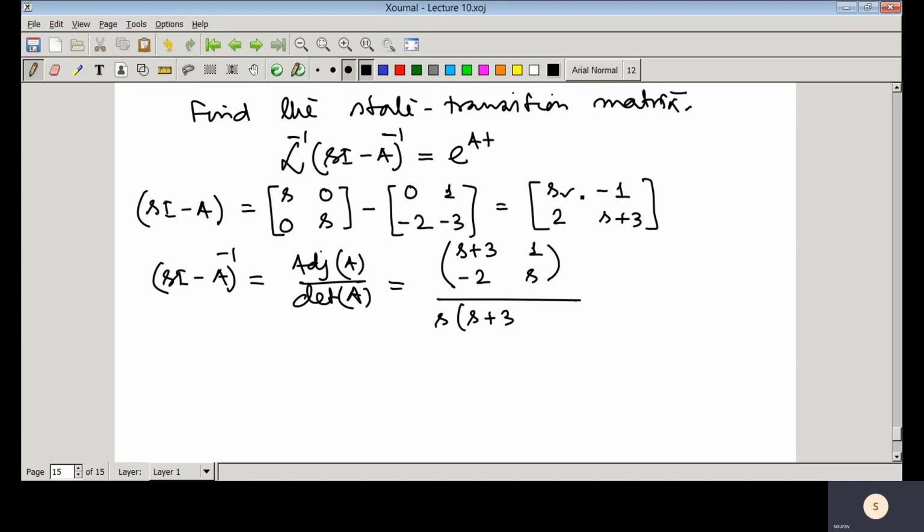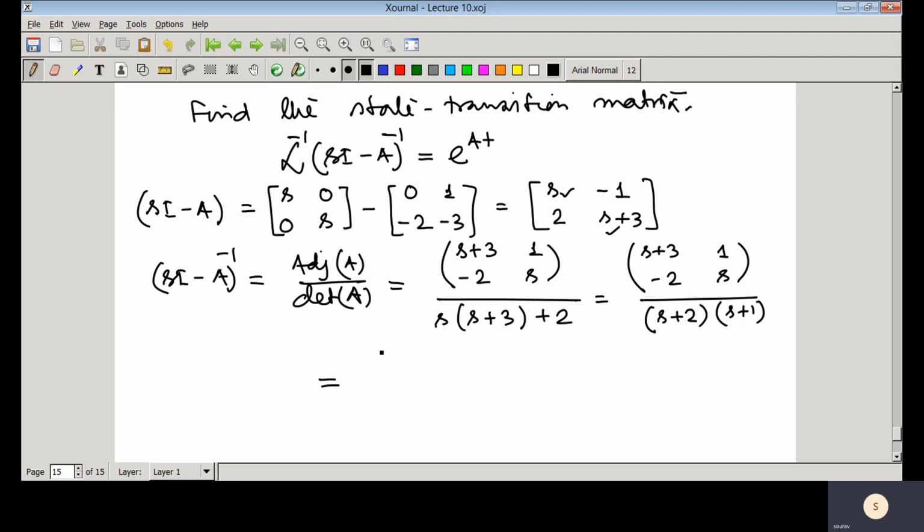And the determinant is s into s plus 3, plus 2. If you write it in factor form, you have two factors, s plus 2 into s plus 1.